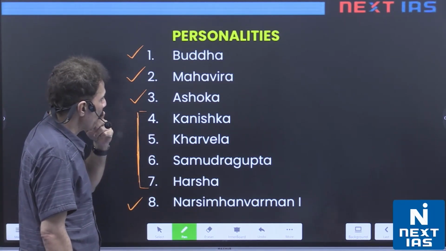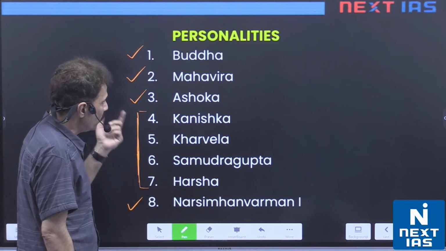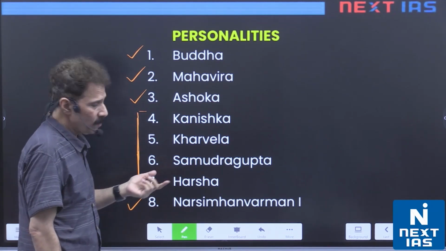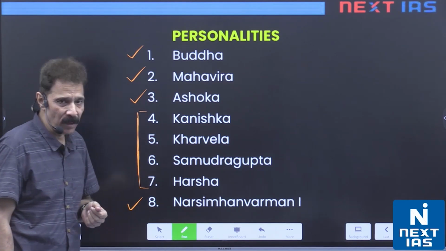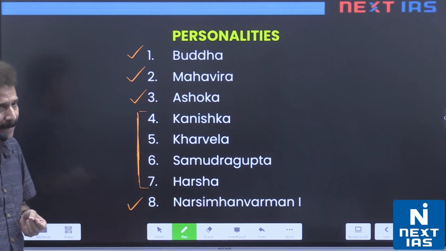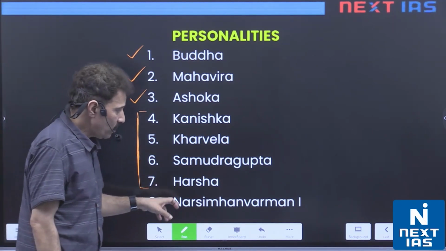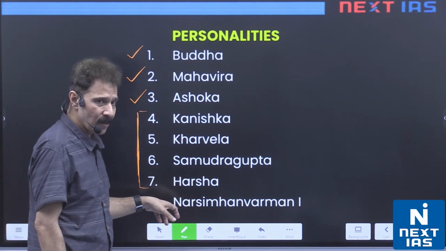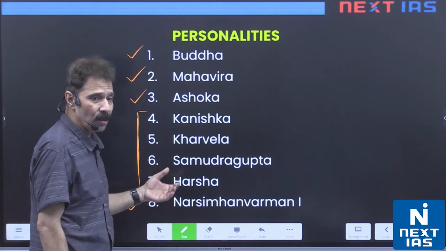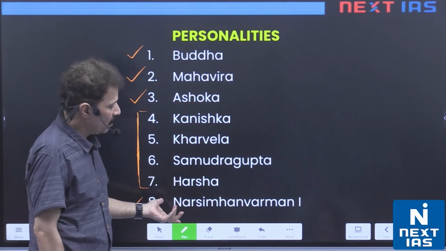Mahavira, only teachings. Ashoka, politico-cultural policy. Narasimhavarman I, also known as Mahamalla or Mamalla.